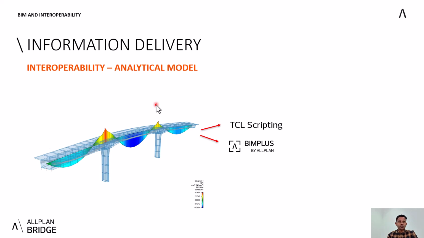The first one is to use TCL scripting, because openBIM supports TCL, so you can use TCL scripting to program or write out the analytical model into different file formats. Or you can also just use BIM+, because it has an open API. Using this open API, it could be fetched into different analytical solutions.